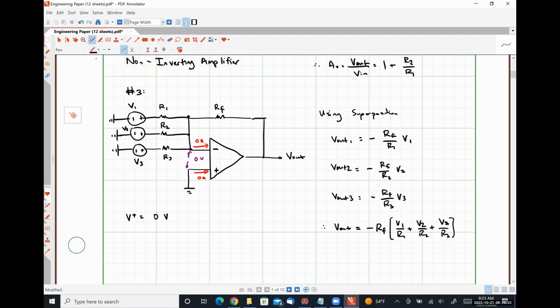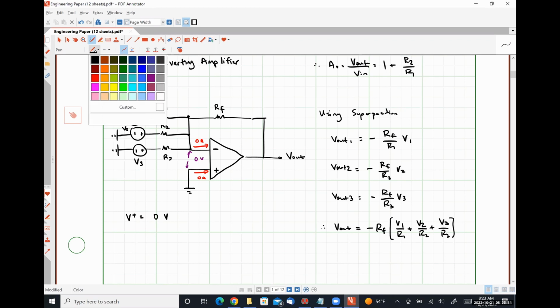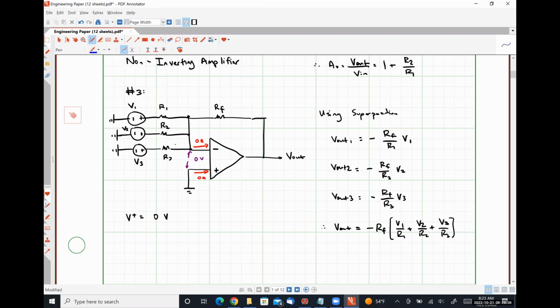Moving on to step 2, we're applying Kirchhoff's current law, and so we're saying this current leaves, this current leaves, this current leaves, and this current leaves. And so what that's going to give us is negative V3 over R3 minus V2 over R2 minus V1 over R1 minus V out over RF is equal to 0.